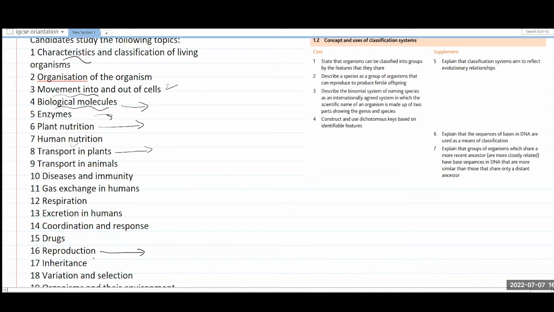For the student who will take the syllabus in October, November, there is no change in the syllabus. They will go with the curriculum of 2022. But for May and June 2023, there are little changes in the syllabus.